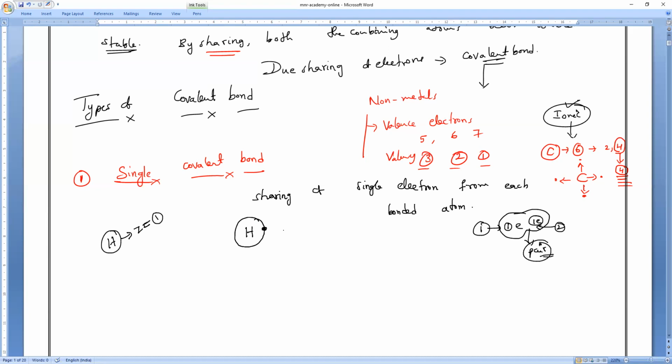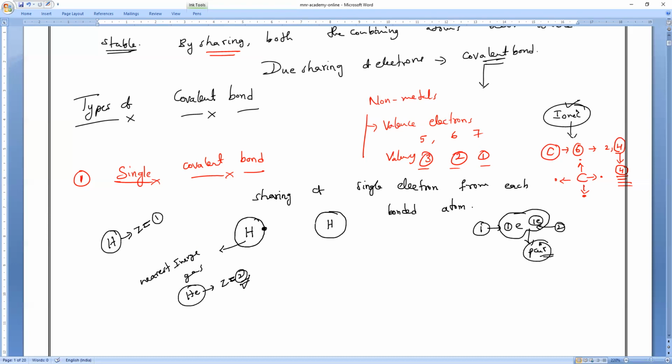Another hydrogen also wants to become stable with the nearest inert gas electronic configuration. What is the nearest inert gas? Helium. The atomic number of helium is 2. So to become stable, it needs one more electron.